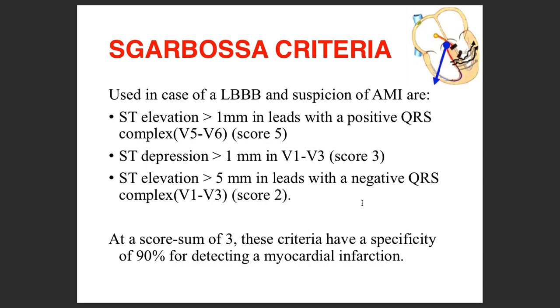So 5, now you're aware. Now for 3, if there is ST depression of more than 1 mm in V1 to V3, then you give them a score of 3. Then comes the least score, which is 2.